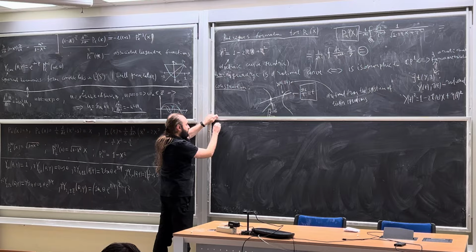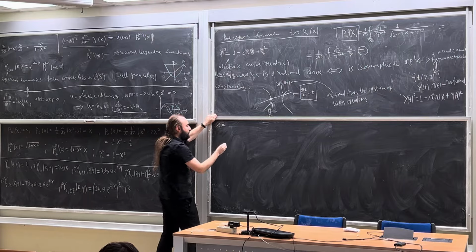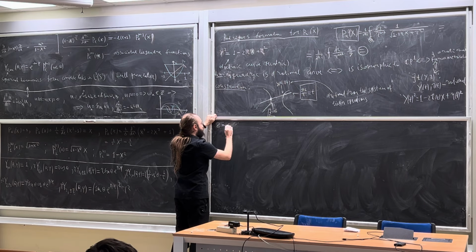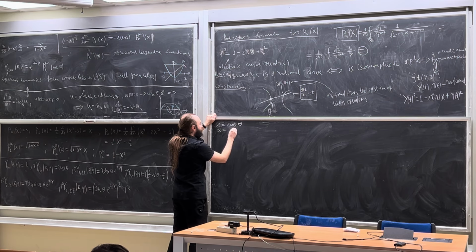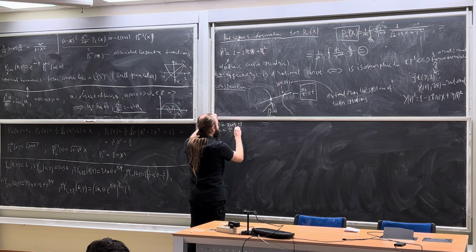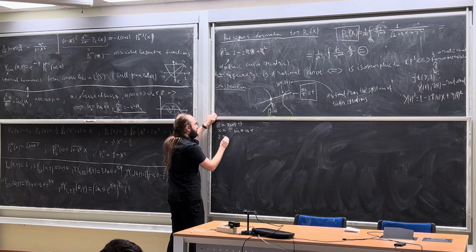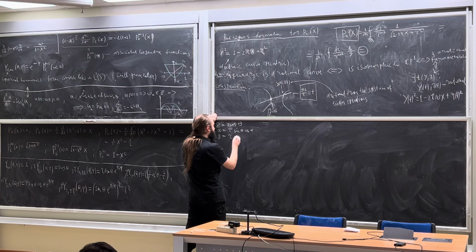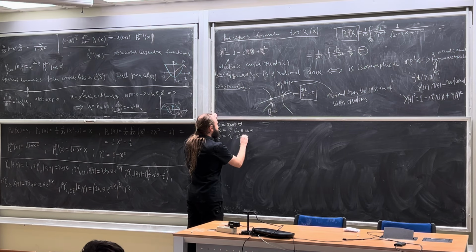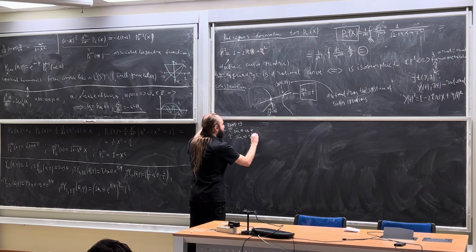So let's remind polar coordinates. Z equals r cosine of theta, x equals r sine theta cosine phi, y equals r sine theta sine phi.